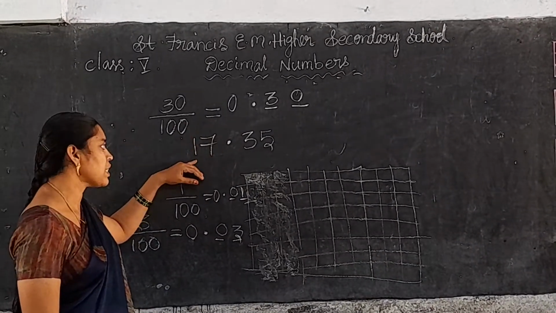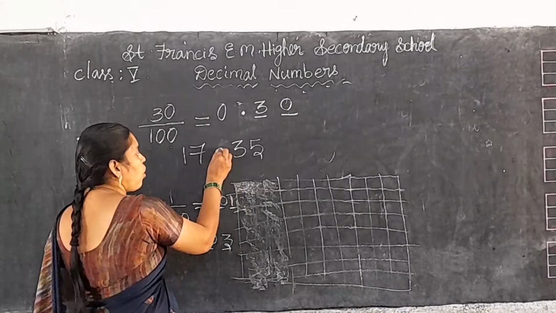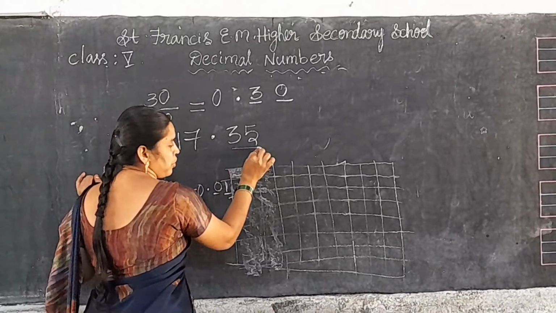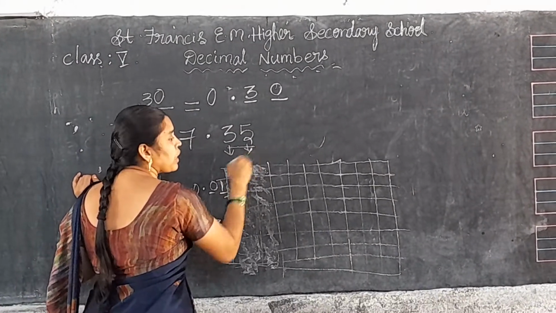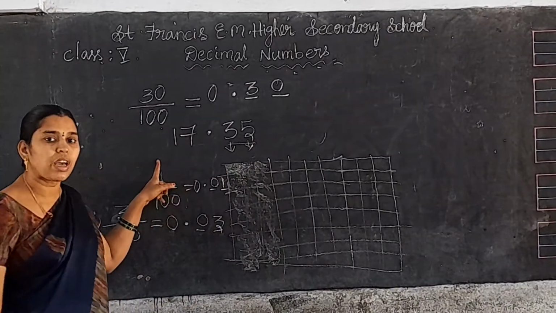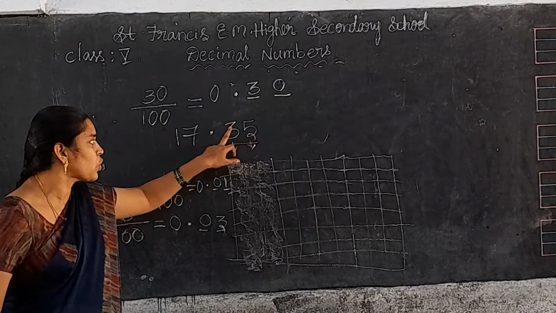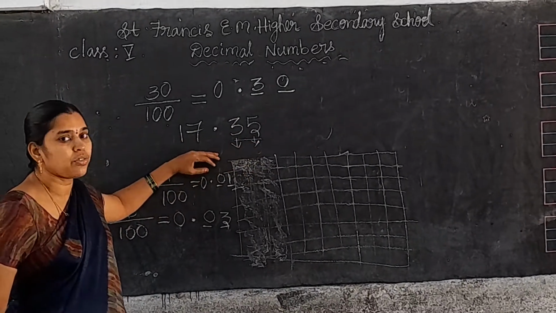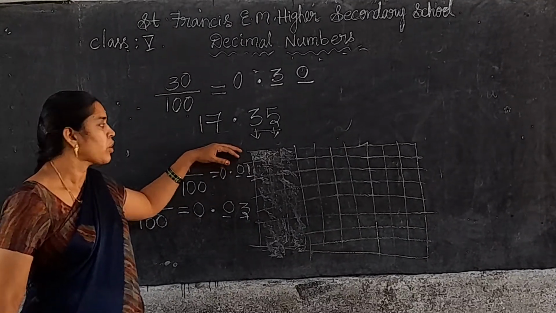We read it generally as 17. The numbers after the point, you should not read as 35. You should read them as 3, 5 individually. That is very important. While reading numbers after the point, we read them individually. This is the new syllabus for you. That's why again and again I am going to explain. Okay?